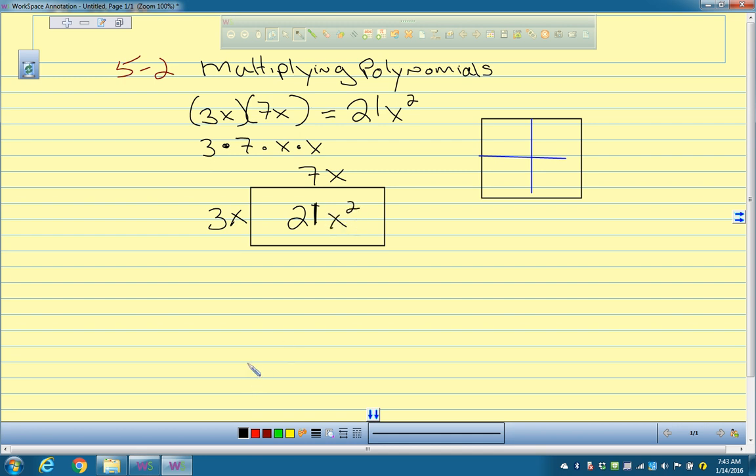So a lot of times when we talk about multiplying polynomials, we talk about making an area diagram.